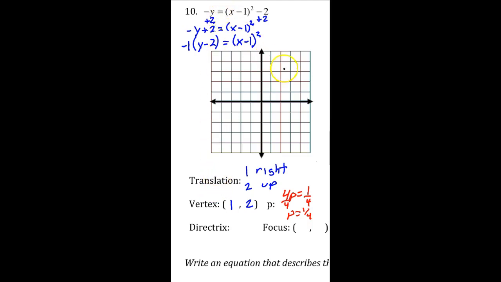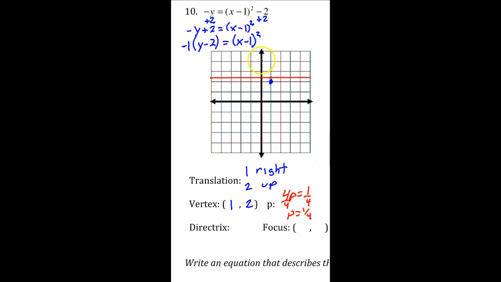So from our vertex at 1, 2, we're going to go barely up, just 1/4, to get the directrix. There we go.